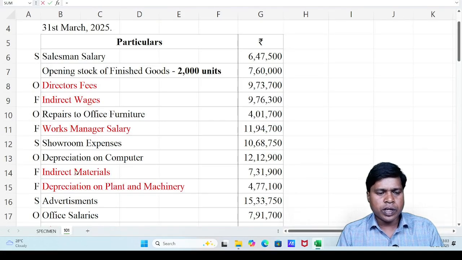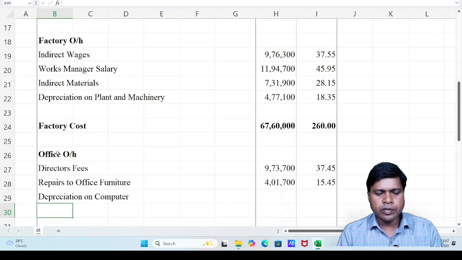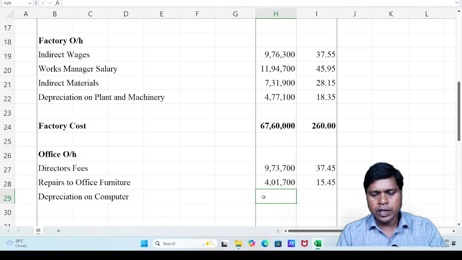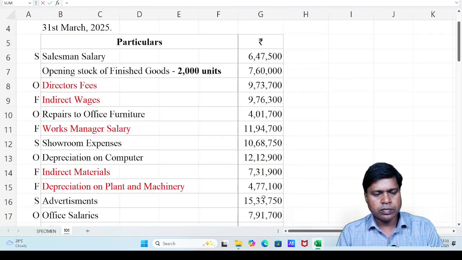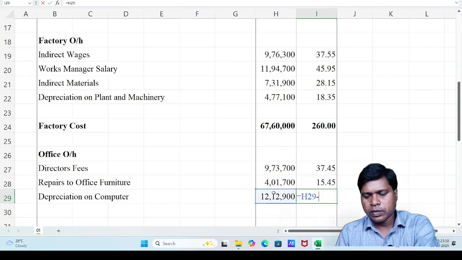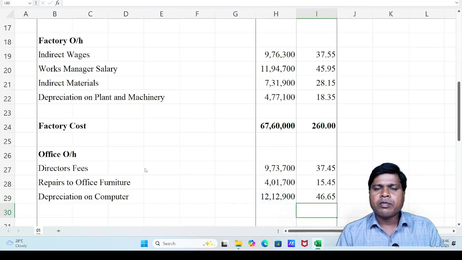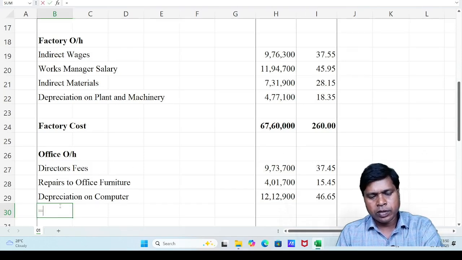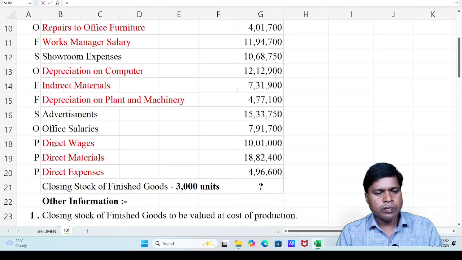Next, office overheads, depreciation on computer. Write the amount 12,12,900. After depreciation on computer, find the next item of office overheads, which is office salaries.